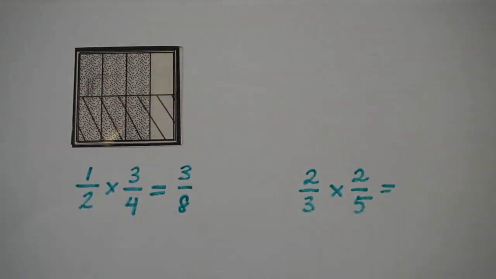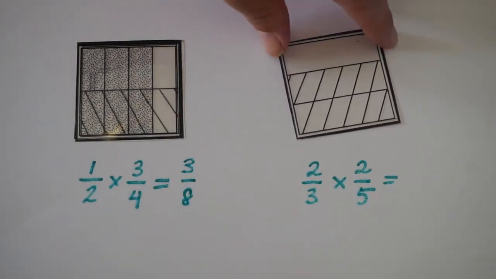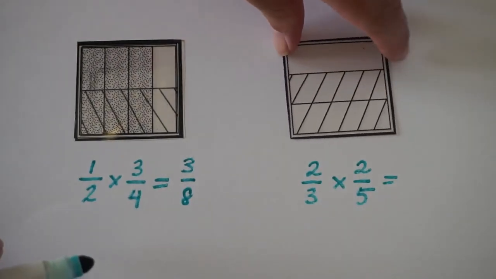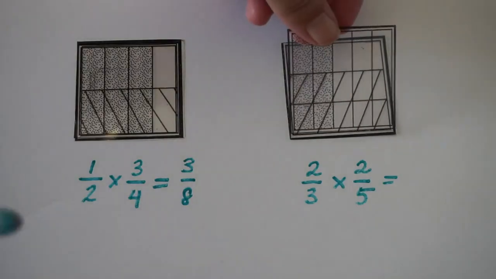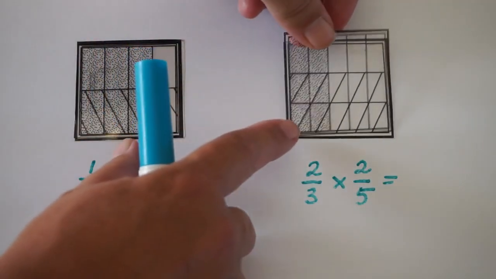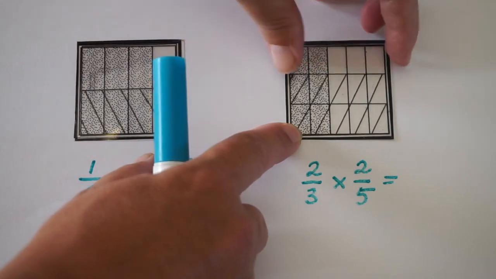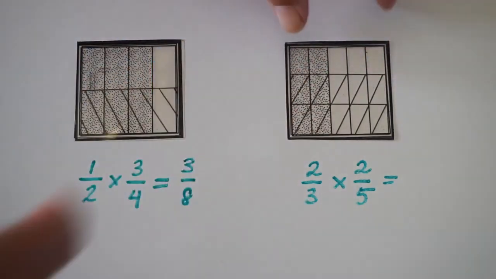So looking at another example, we'll take our fraction that represents 2/3. There it is. And then working with the same unit square, we're going to overlay that with the representation of 2/5.